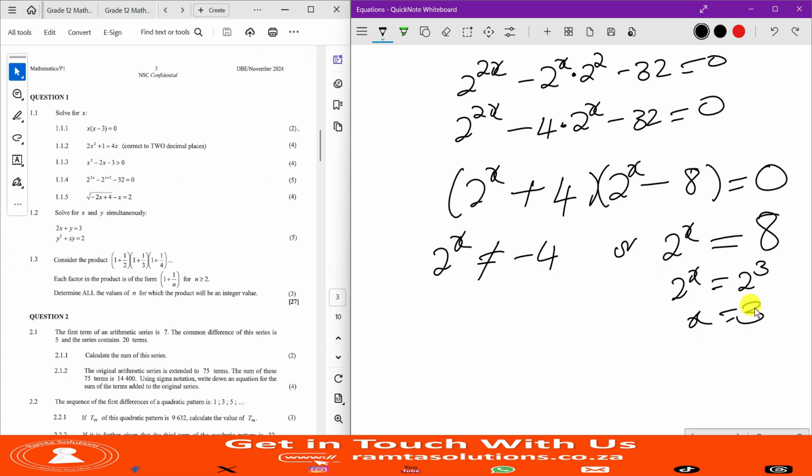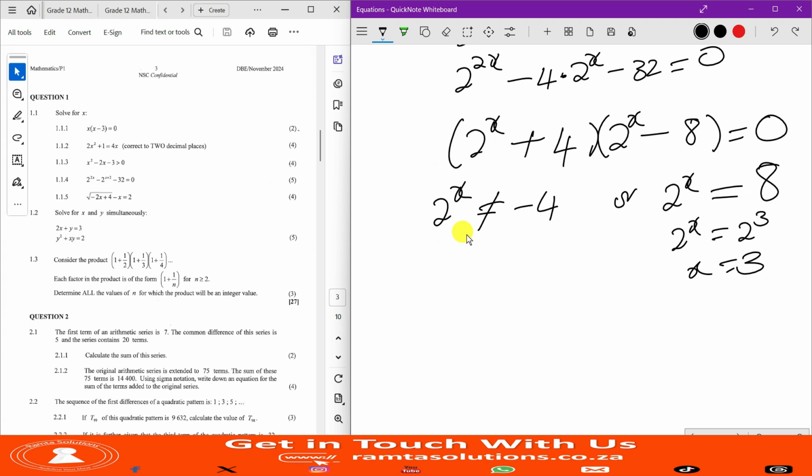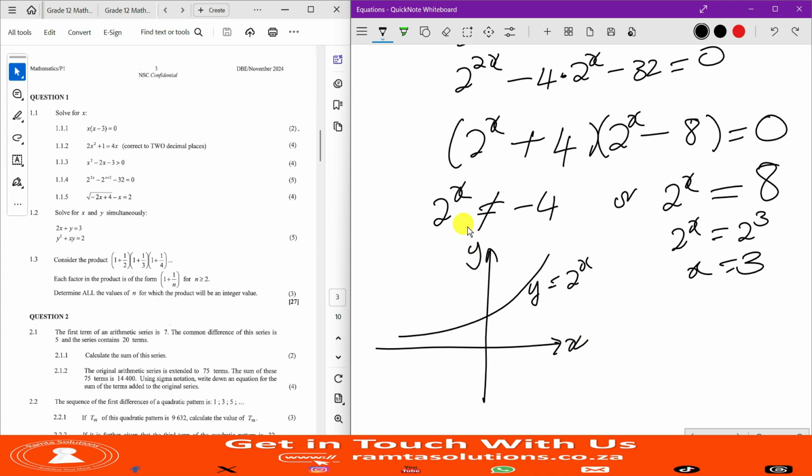The reason I'm saying this is not possible is because this is an exponential function, y equals 2 to the x. You can see that it can never be negative. This is why I am saying this is not possible. Ta-da. So you guys are happy now?